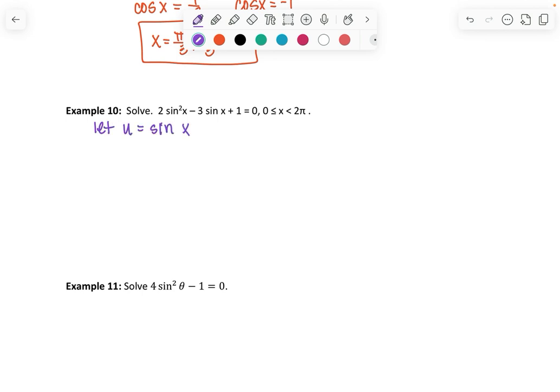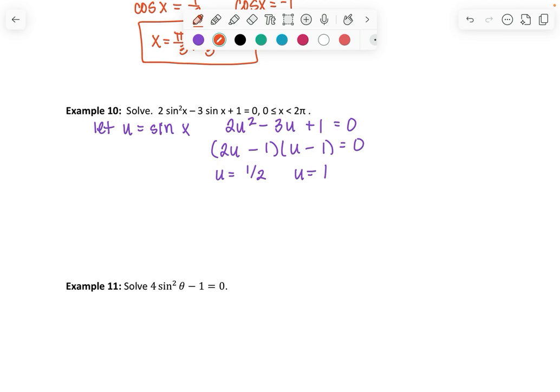I'm going to start by letting u equal sine of x. That makes my equation 2u squared minus 3u plus 1 equals 0. When I factor this, I get 2u minus 1 and u minus 1 equals 0. So that tells me that either u is equal to positive 1/2 or u is equal to positive 1.